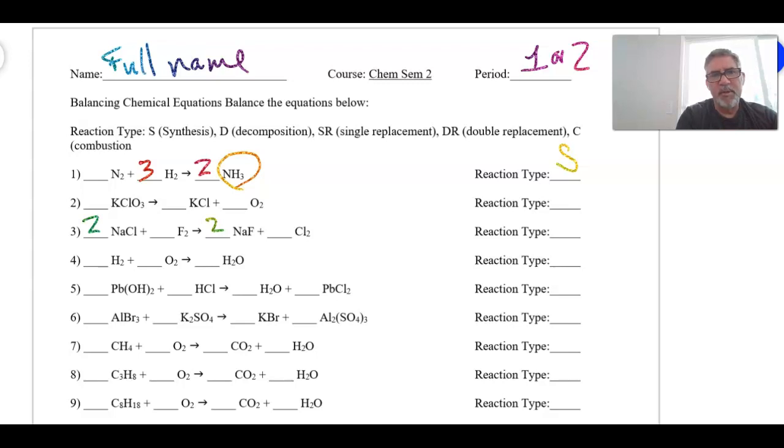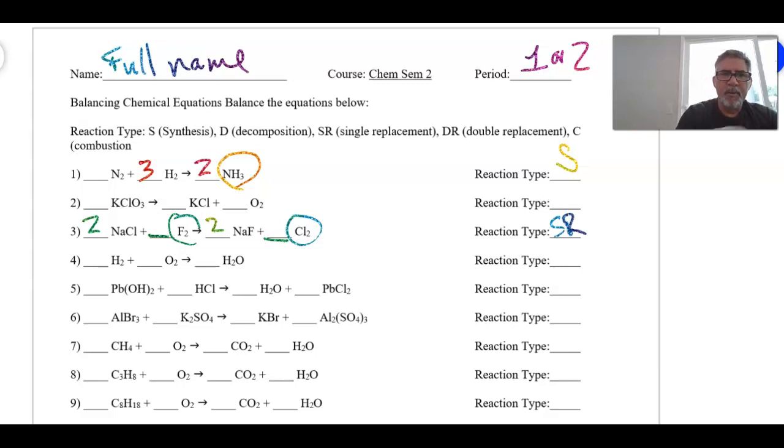Now I have 2 sodiums, 2 sodiums, 2 chlorines, 2 chlorines, so balanced. Again, I don't have to enter anything where there's going to be a 1 because they're assumed a 1. Now, with this one, I have a single element in the reactants and a single element in the products. So this would be a single replacement.